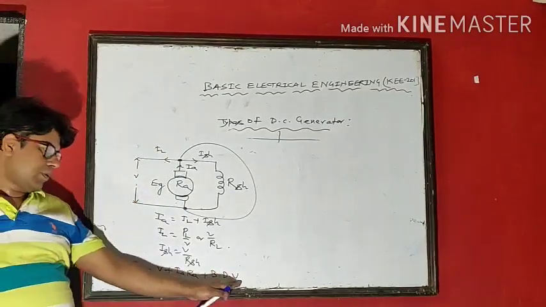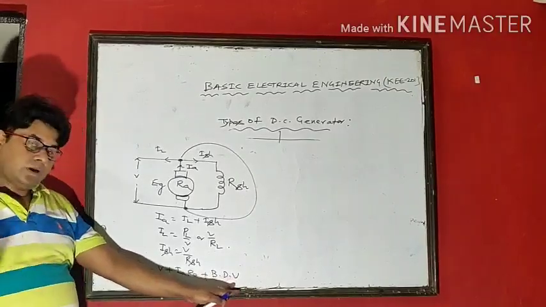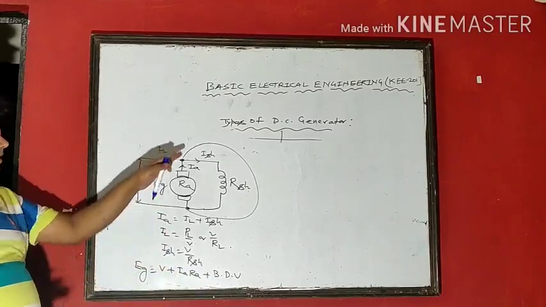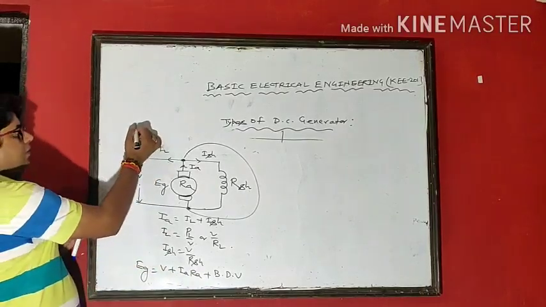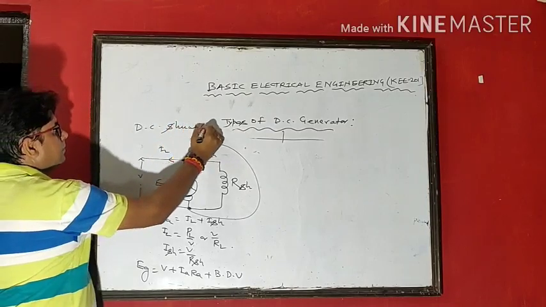When the voltage is given as 1 volt, that means 2 into 1. Okay, so this is the EMF generated equation for the DC shunt generator.